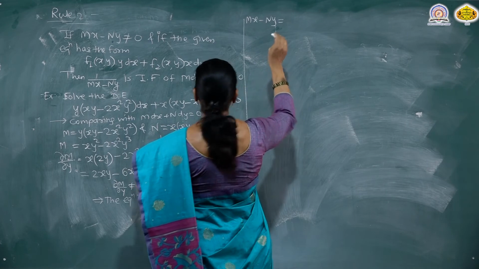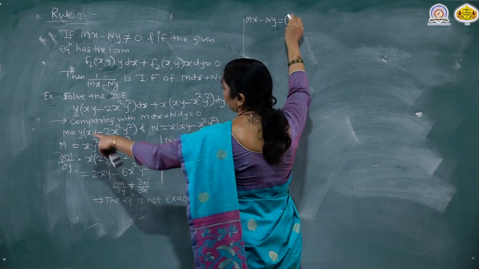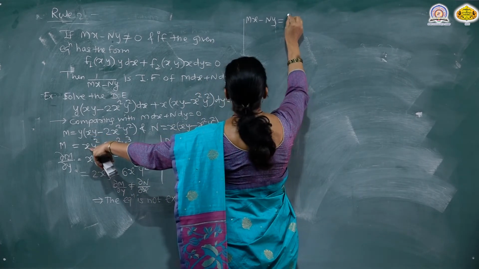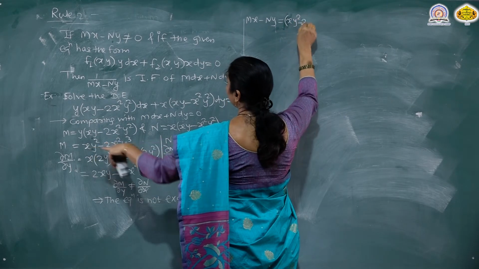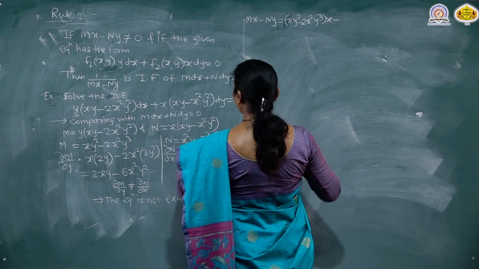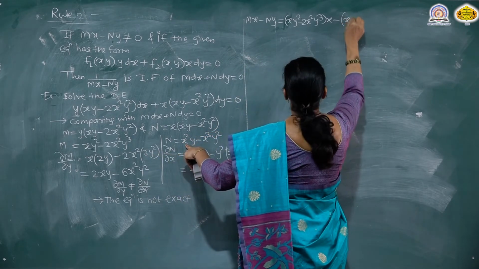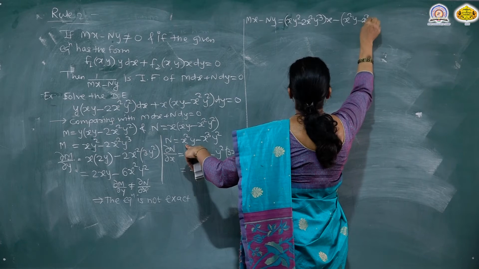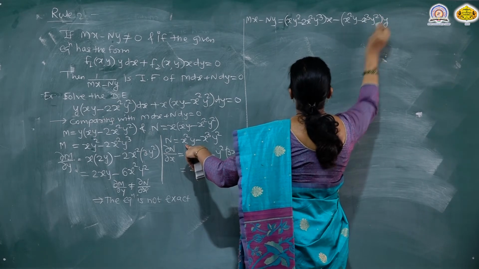So consider what is Mx minus Ny. It is nothing but (2xy square minus 2x square y cube) into x minus (x square y minus x cube y square) into y.